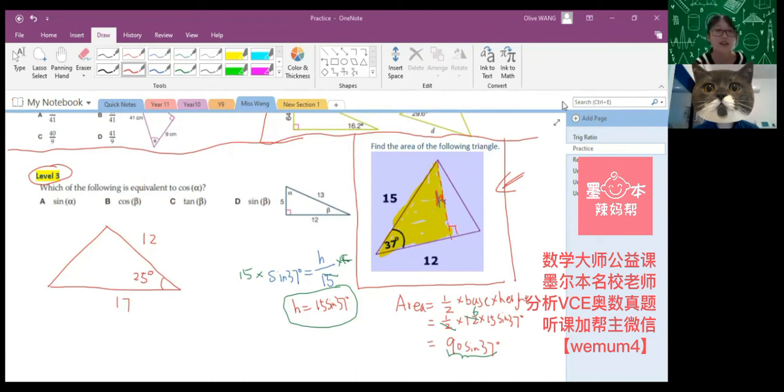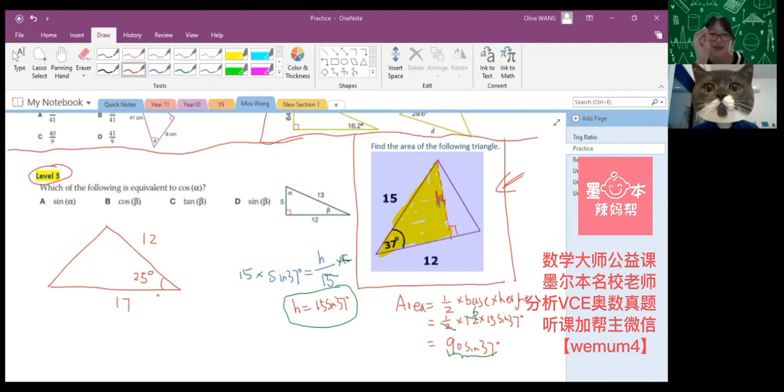Everyone now think about this one. You can send me the answer. Let me think about where we are going to do next, because maybe we can do an application question. Can you send me the working out?